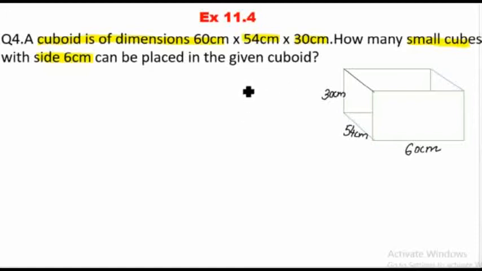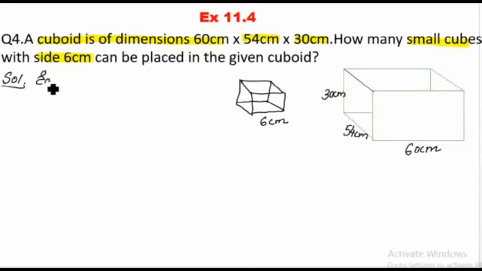A small cube whose side is 6 centimeter. How many such small cubes can we place inside this cuboid? So here in this question we are going to find the volume and then we are going to divide it.